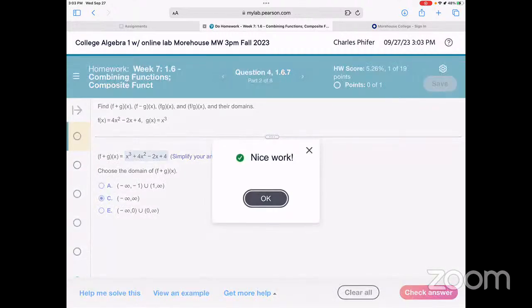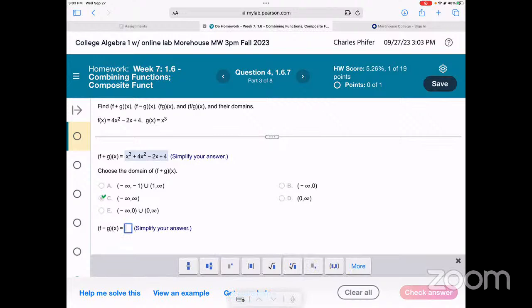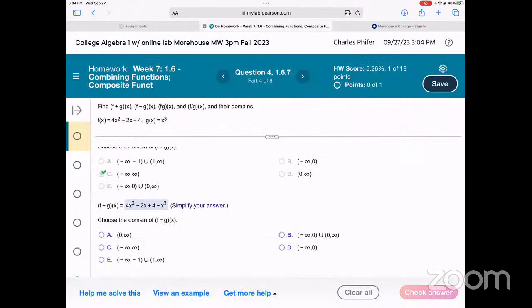Okay. F minus g, okay, no like term, so we just need to make sure that x cubed has a negative. So we're going to say 4x squared minus 2x plus 4 minus x to the power of 3. All reals again.